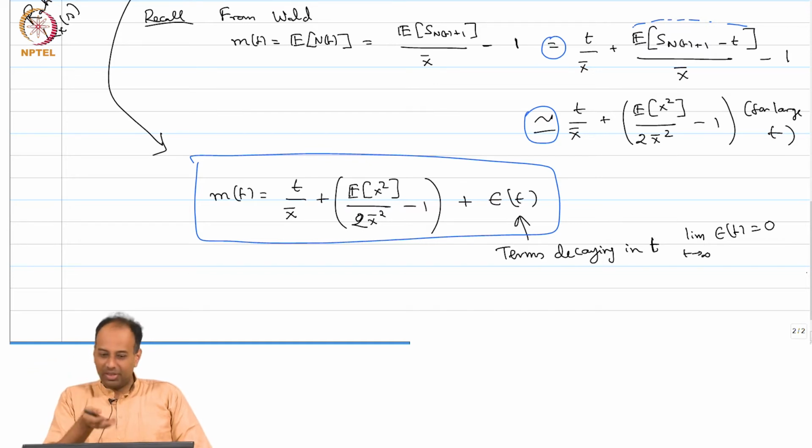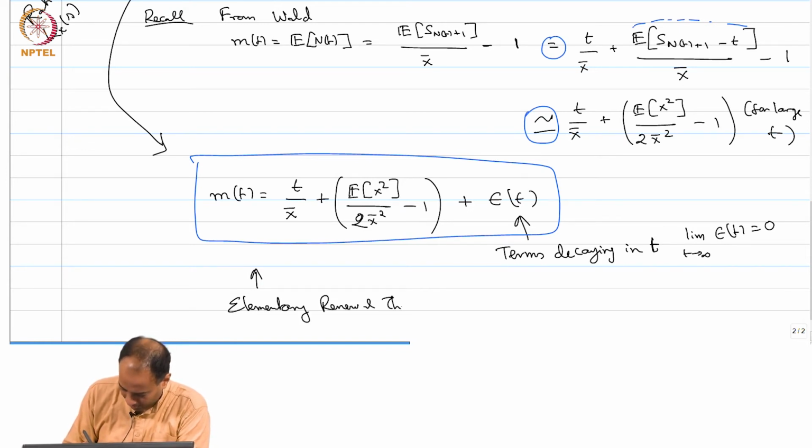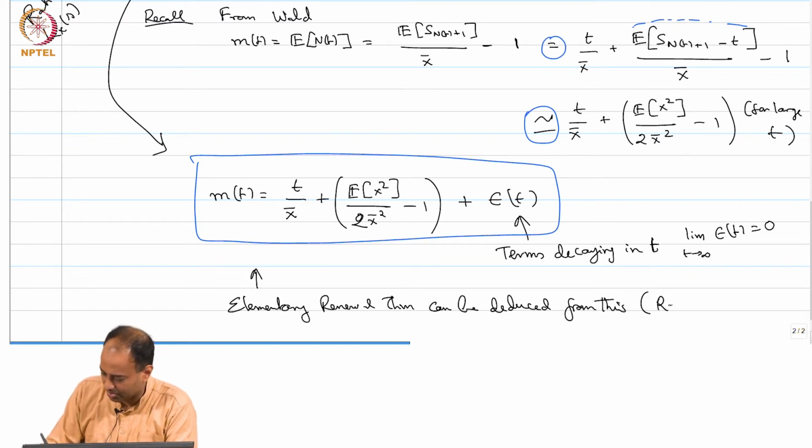So, the elementary renewal theorem is clearly obvious from this, can be deduced, again for rational transforms.